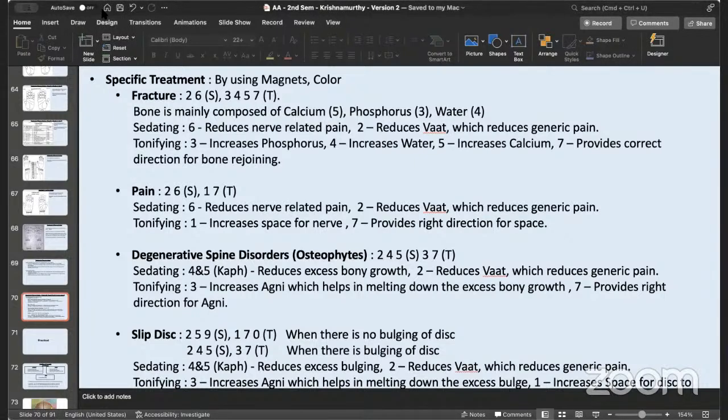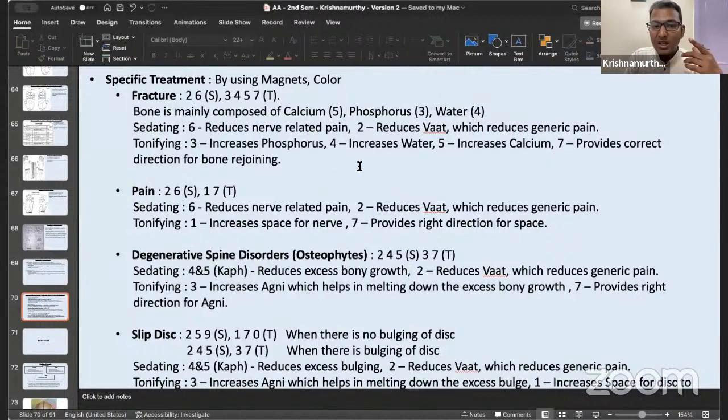By giving Agni, it melts and creates that separation, right? So I am tonifying Agni to increase Agni, which helps in melting down that excess bony growth.